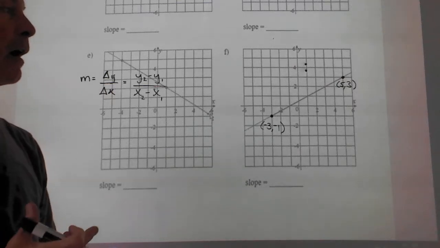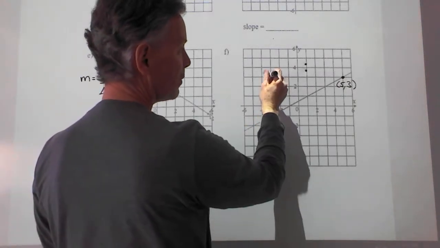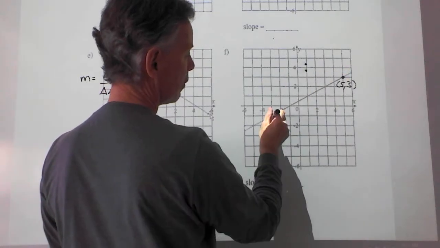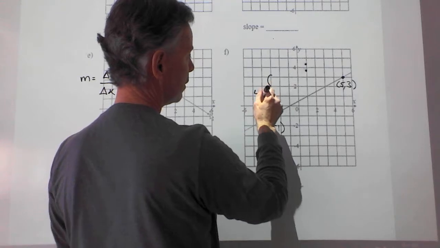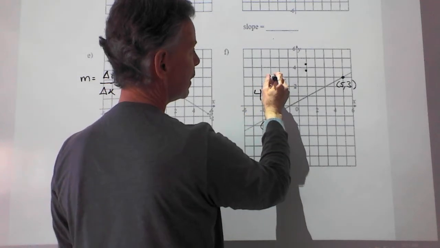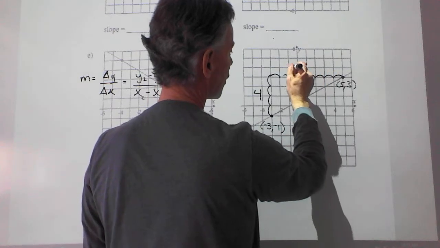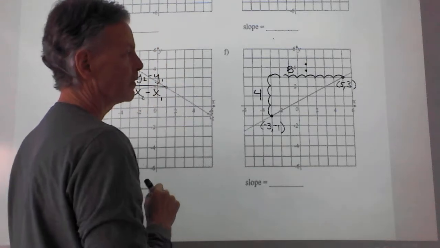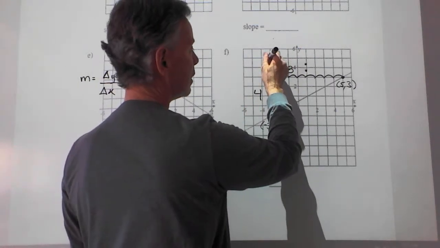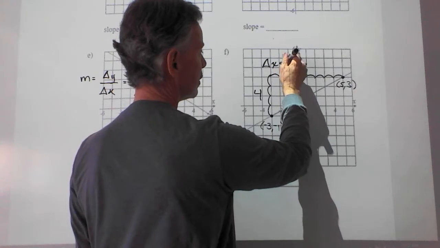Okay? Now, the way we just did it, we said, how far up and how far over do you have to go? Well, you have to go 1, 2, 3, 4 up. Since you're going up, it's positive. And then 1, 2, 3, 4, 5, 6, 7, 8 across. Again, going to the right is positive. So, your change in x is 8.